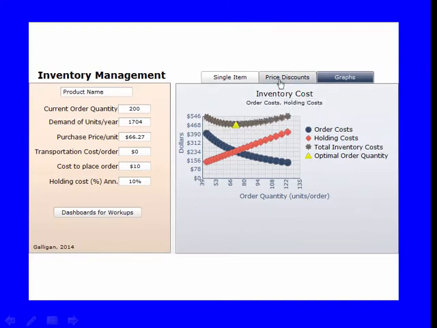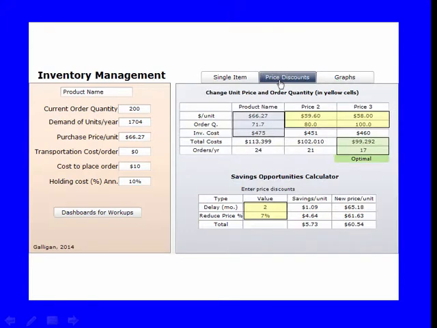One can also look at price discounts. Many times vendors will come up with a lower price but require that you purchase a different quantity. And so what this does is it looks at the change in unit price, but also what's the associated change in inventory cost, and works out what is an optimal program or strategy that you should follow.